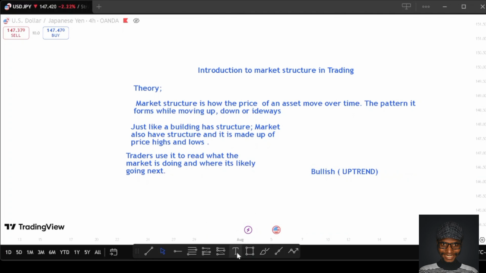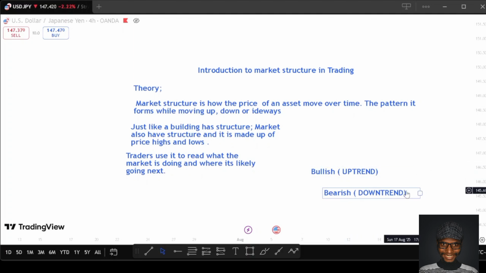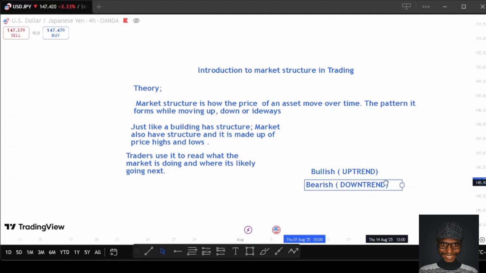So we have three. We have bullish, bearish, and we also have what we call the sideways range. That is the third one.